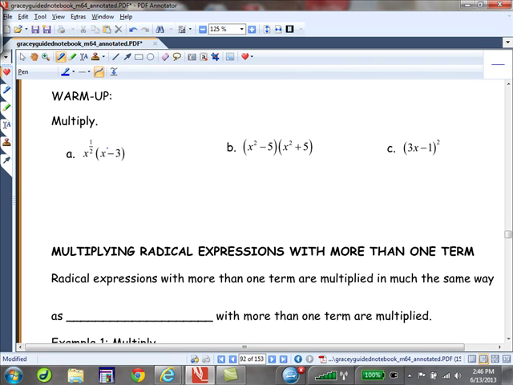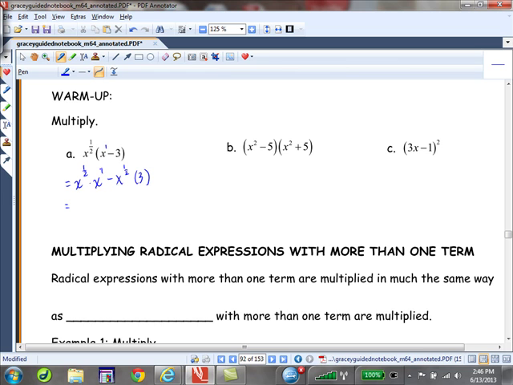Remember that there's an implied 1 here on the x. So we will get x to the 1/2 plus 1 minus, well, let me do an extra step here. So this would be x to the 1/2 times x to the 1 minus x to the 1/2 times 3.